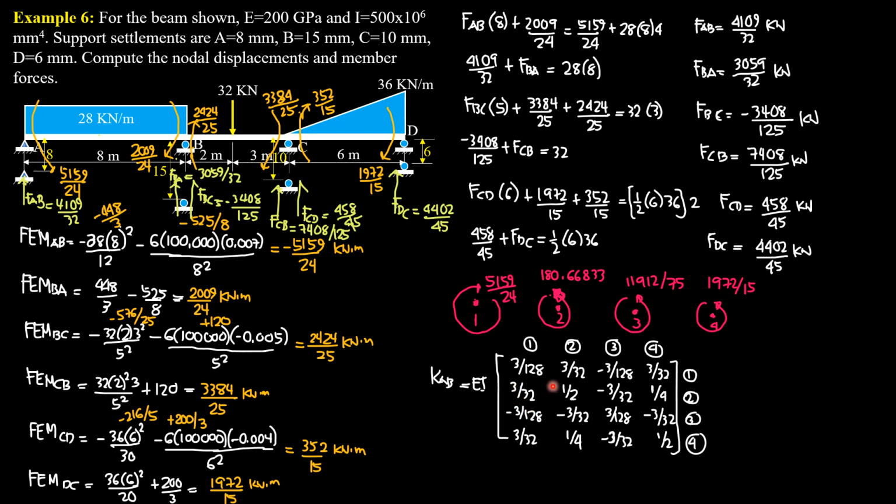So these are the stiffness of member AB, global: 12 EI, 12 times 1/8 cube, so 3/128, and you know how to generate these values already. So 1, 2, 3, 4 for AB. Next we proceed to BC, 12 times 1/5.